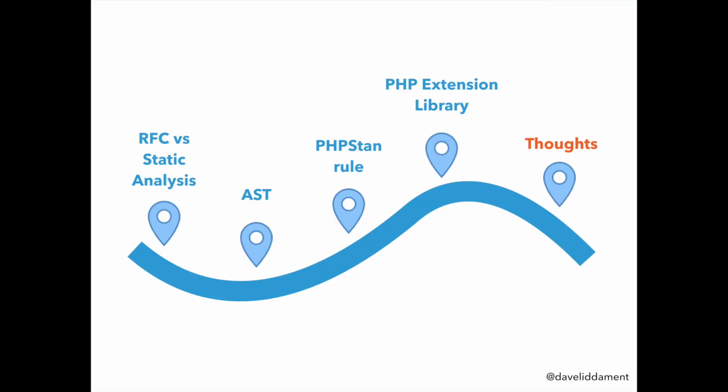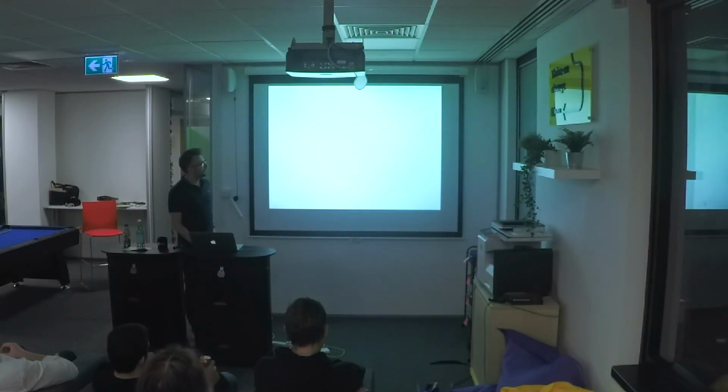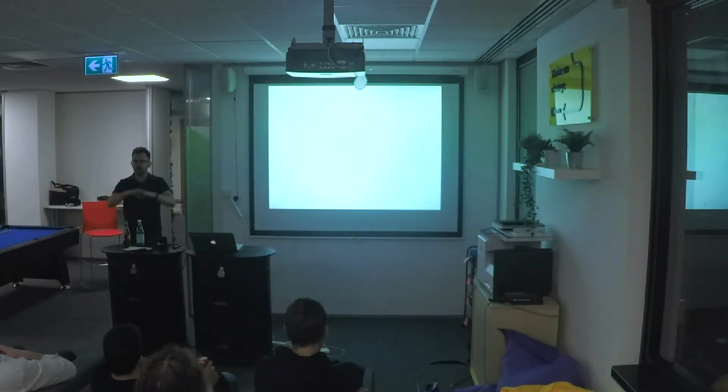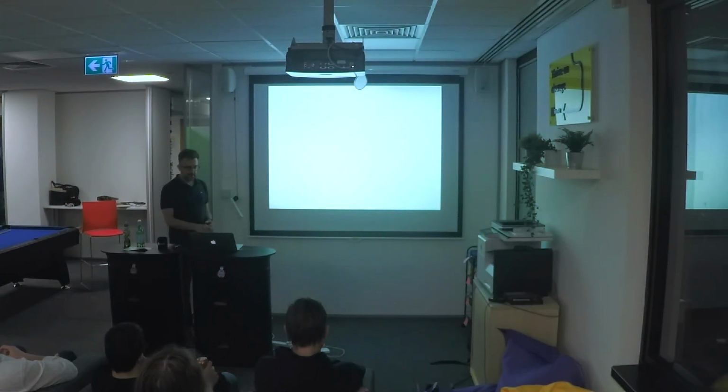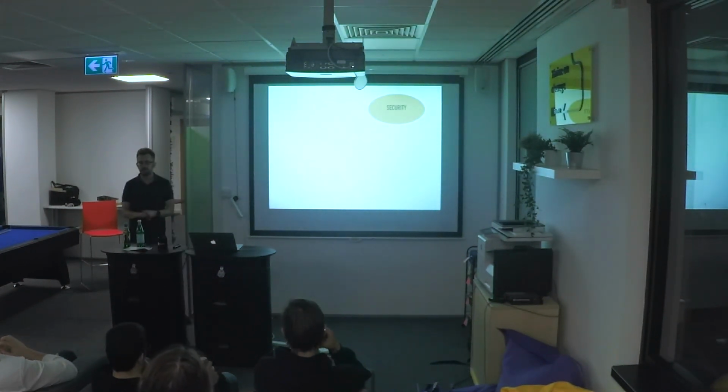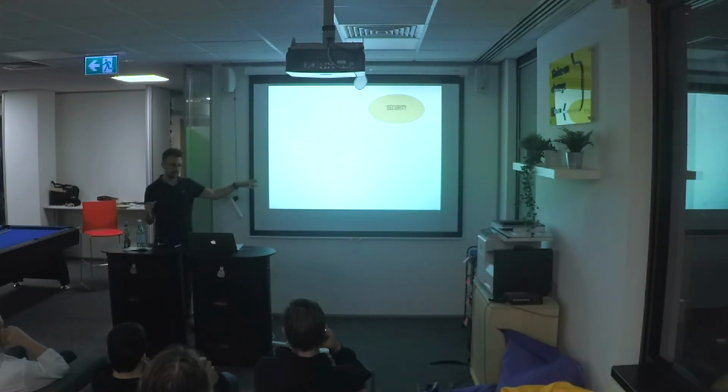So I'll just wrap up with a few thoughts. If we think about all of the RFCs that we get in the PHP world, there are things like security RFCs. In the not distant past, we've added stronger cryptographic libraries and got rid of less strong ones.